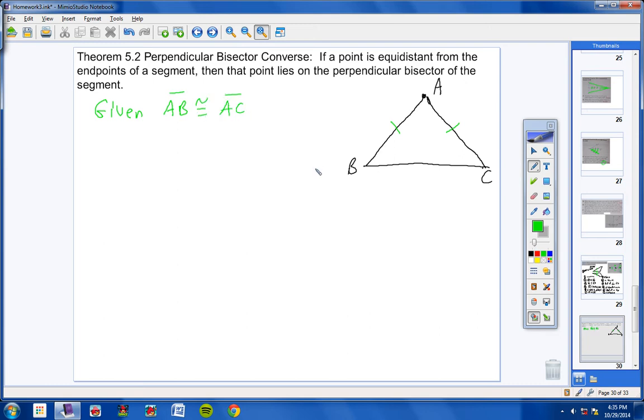Okay? Now, the then part is my proof part. So I'm going to prove that the point lies on a perpendicular bisector. So I'm going to have to prove that.